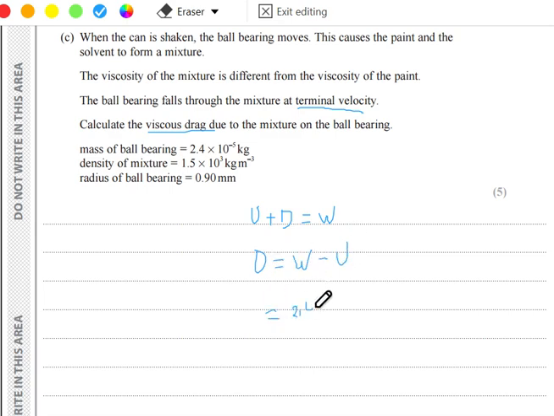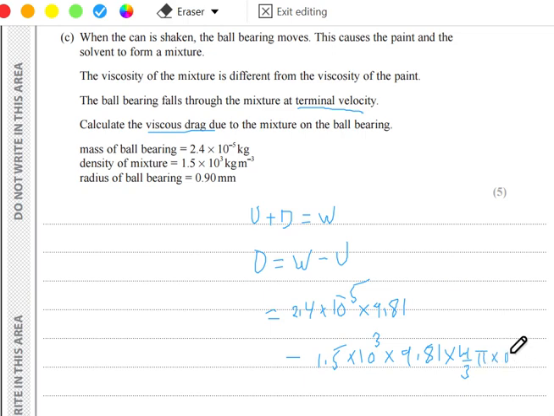W is 2.4 times, and U is rho of the liquid or mixture times g times the volume displaced, as the ball is totally immersed.